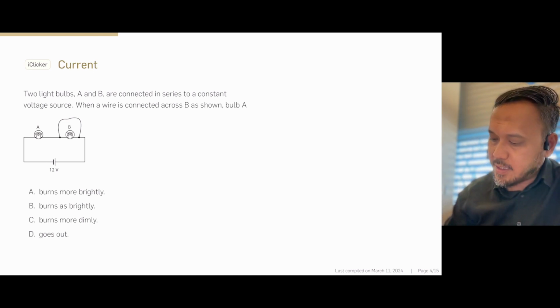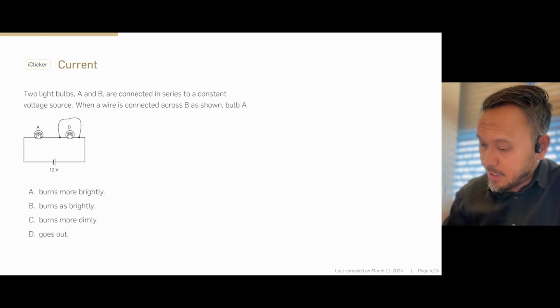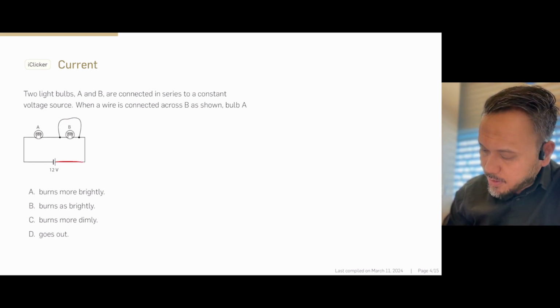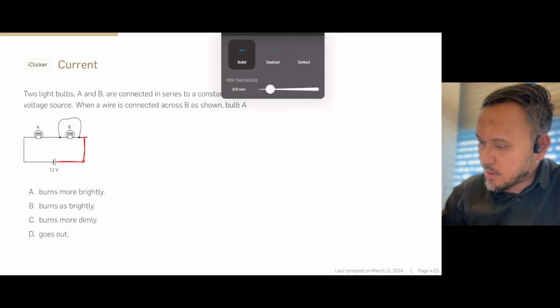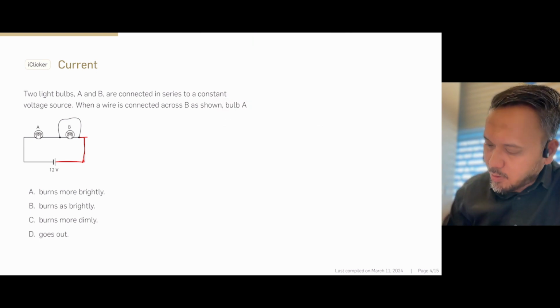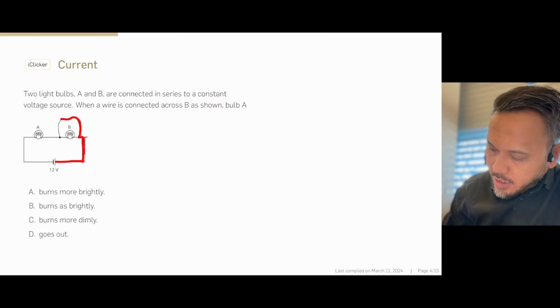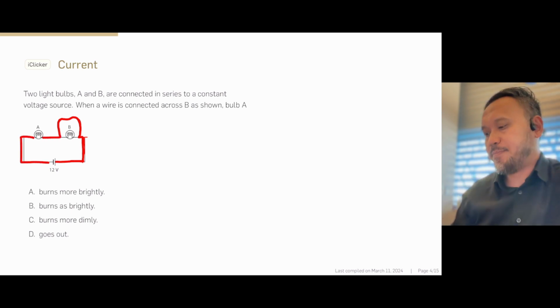First, if the current goes along this path here, then there is less resistance, right?